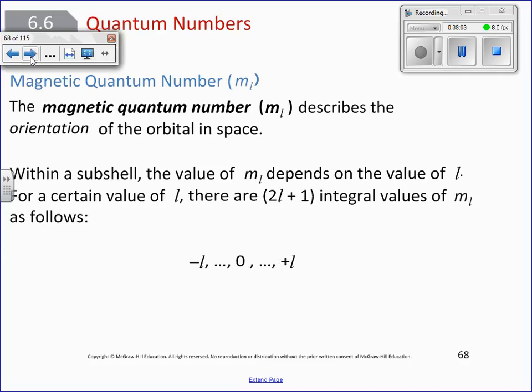We have a p, so that's plus 1, 0, minus 1. We have a d, so it's minus 2, minus 1, 0, plus 1, plus 2. Then we have an f, so now we have minus 3, minus 2, minus 1, 0, plus 1, plus 2, plus 3.